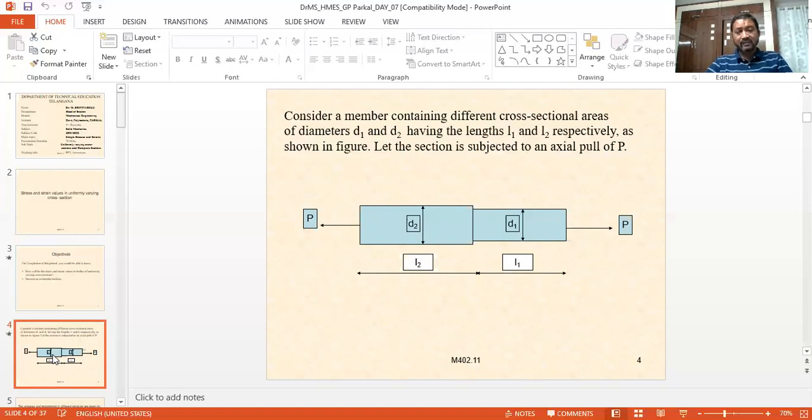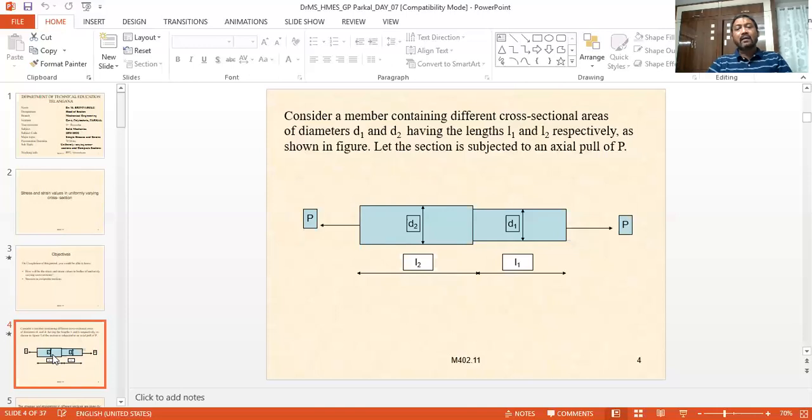So for this, first of all, let a bar contain different cross-sectional areas with diameters d1 and d2 having lengths l1 and l2 respectively as shown in the figure.